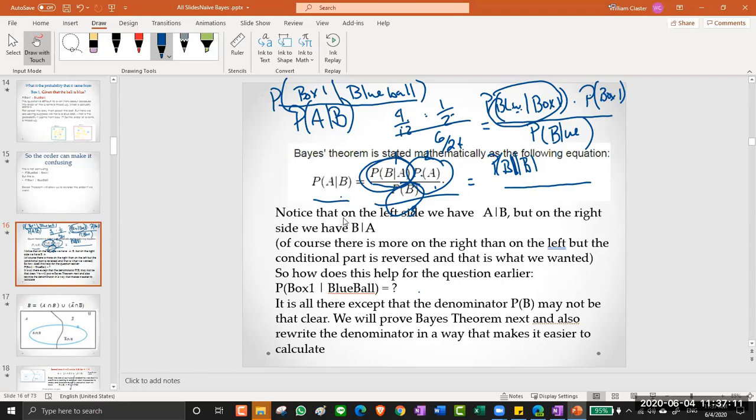Mine is maybe the most mundane way to say it. People have more interesting ways to say it, but I'm saying that all it does is allow you to reverse the order of a conditional probability. Okay? Does everyone understand that? Yes.